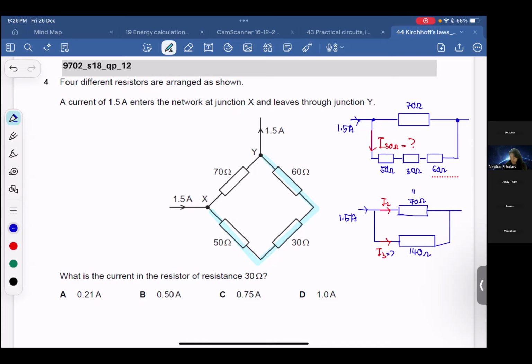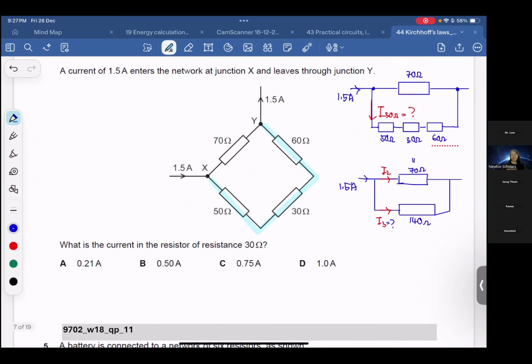What is the answer? Manjo? Yes, Manjo correct. Washini correct. Yeah, how about others?